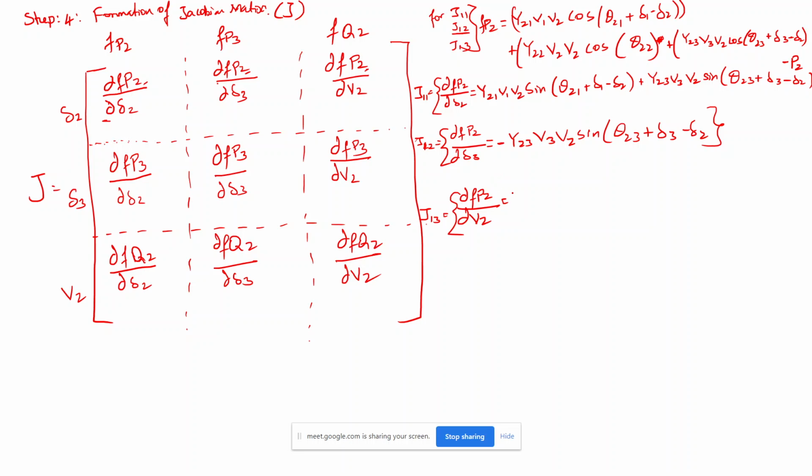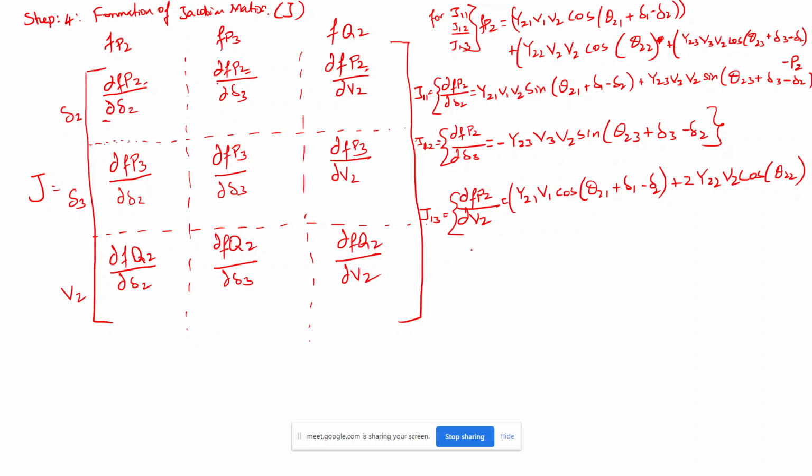So I will get Y21 V1 cos theta 21 plus del 1 minus del 2, and here there are two V2, meaning V2 square. If you differentiate V2 square, you will get 2 V2, so it will be 2 Y22 V2 cos theta 22.